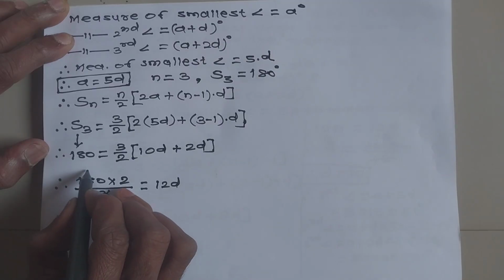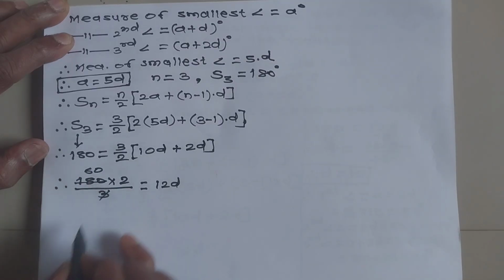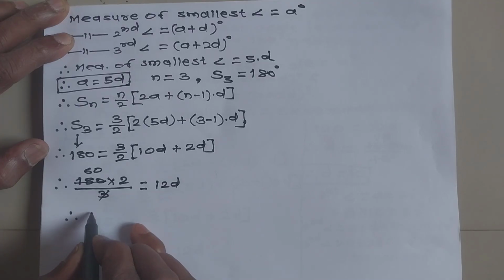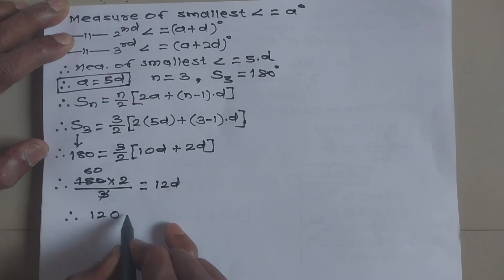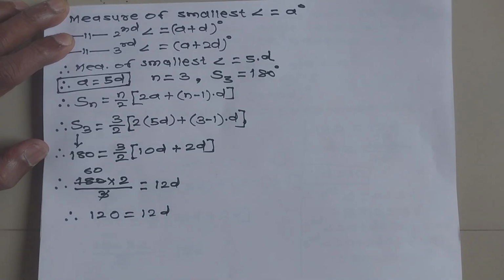Here 3 6 18 and this 0. So we write here 120, 60 into 2, 120 is equal to 12d. Therefore, here 120 upon 12 is equal to d.